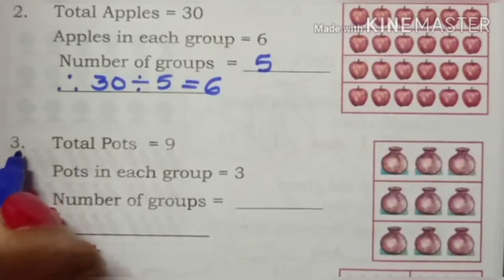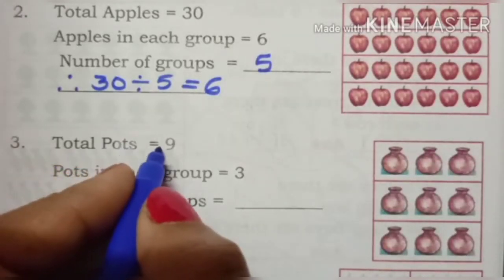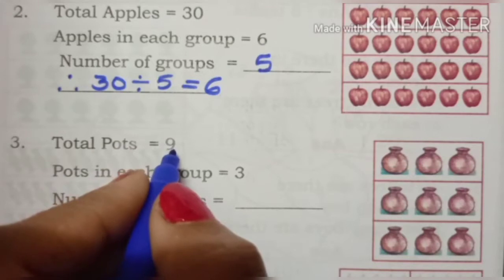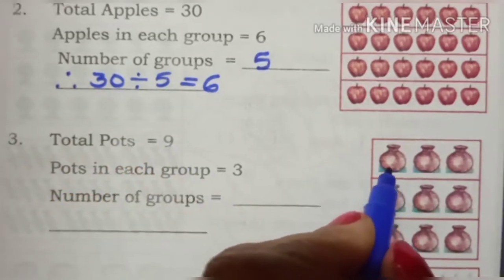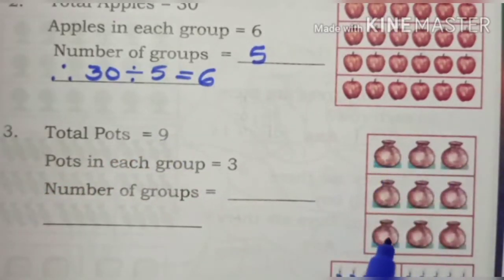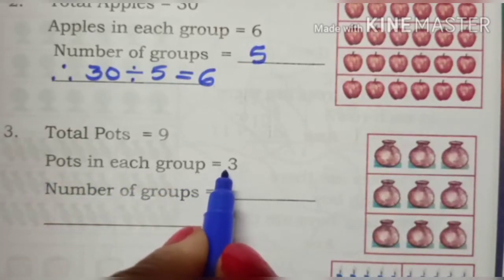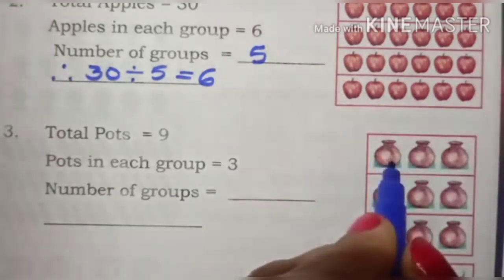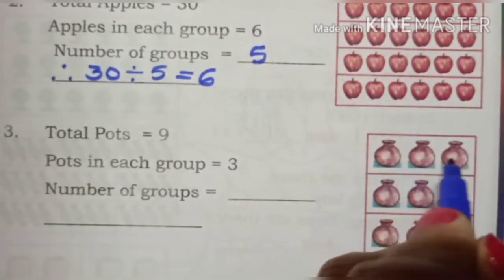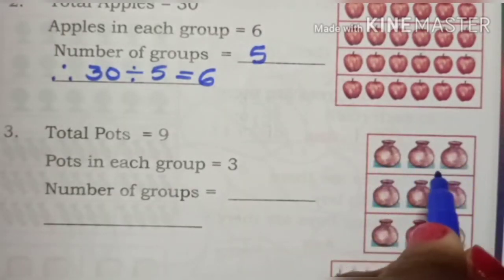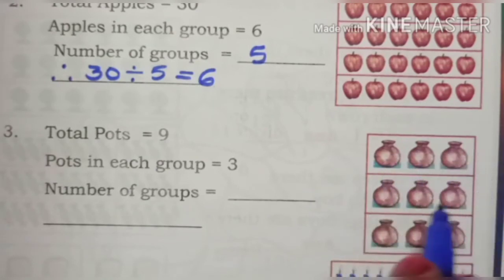Now, third question. Total pots is equal to 9. How many pots are there? 9 pots is there. Pots in each group is 3. 1, 2, 3. Each group has 3 pots.